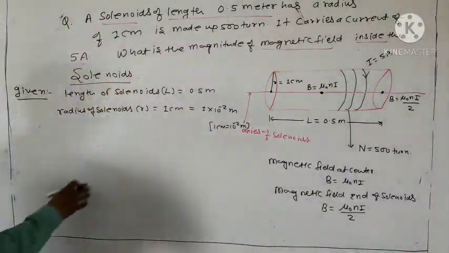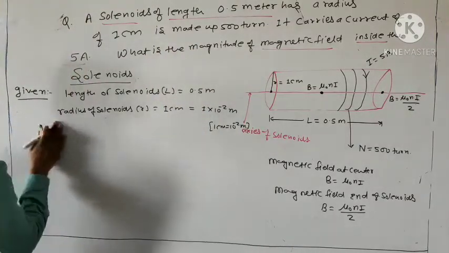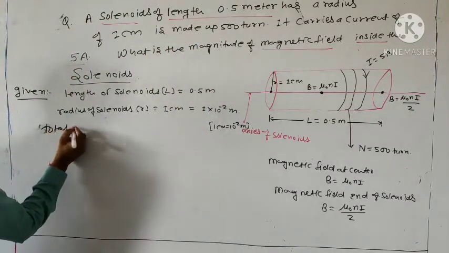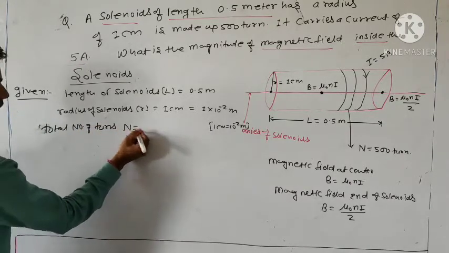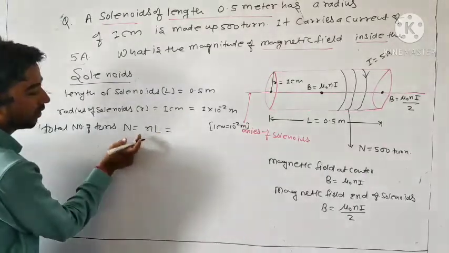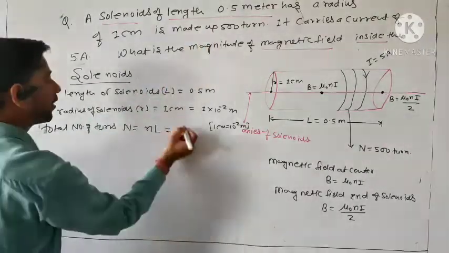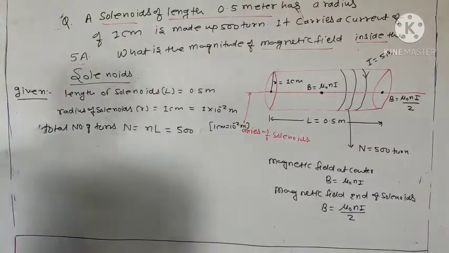And what else is given? It is made of a total number of turns, capital N. Total number of turns N is equal to 500 turns.